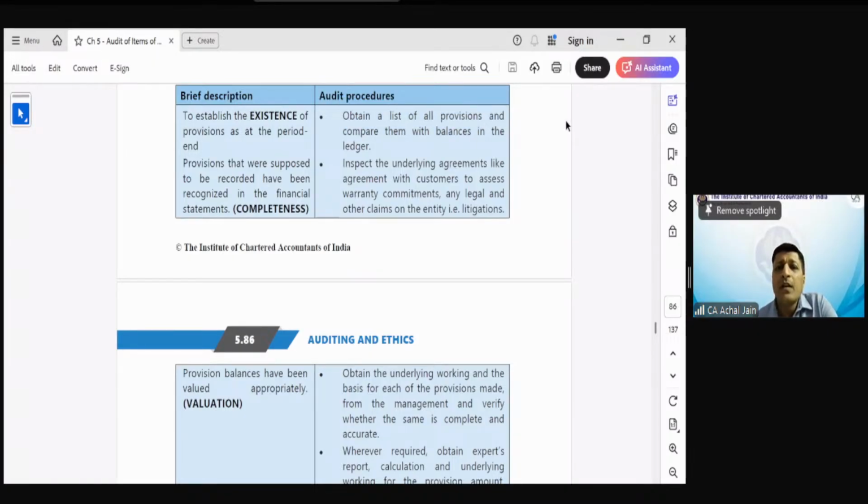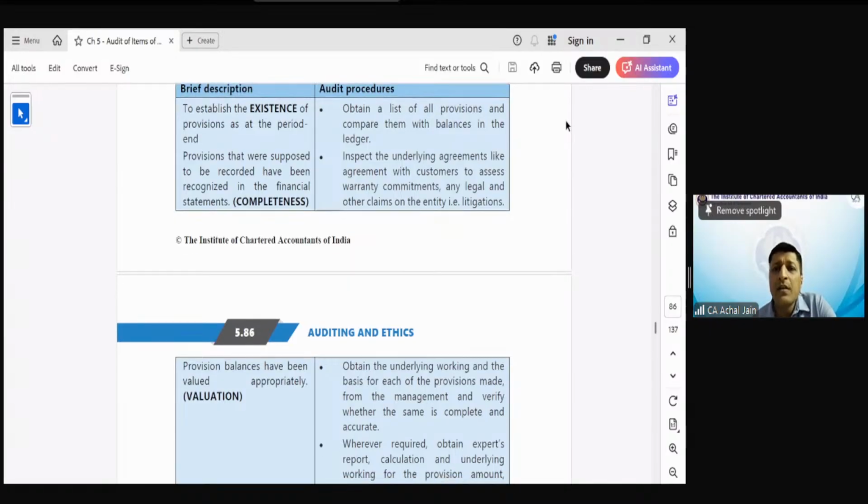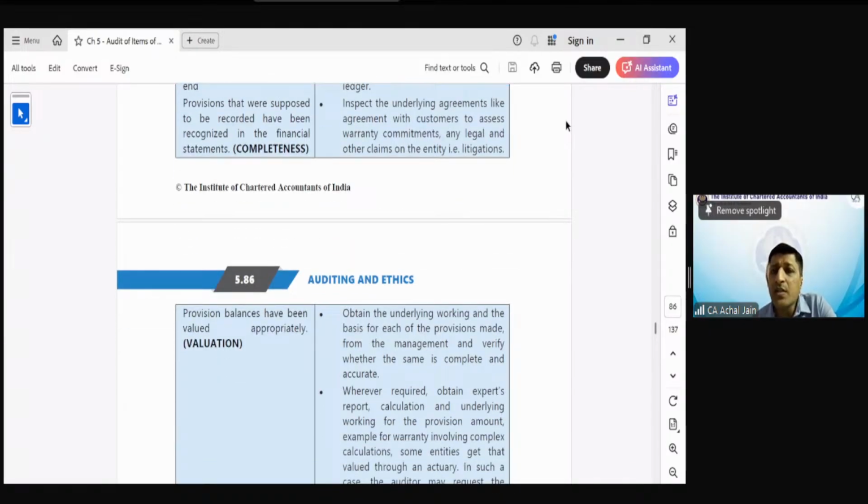Next, inspect the underlying agreements, like agreements with the customers, to assess warranty commitments, and any legal and other claims on the entity. Now in this case, when you are looking at the underlying agreements, what is the objective?